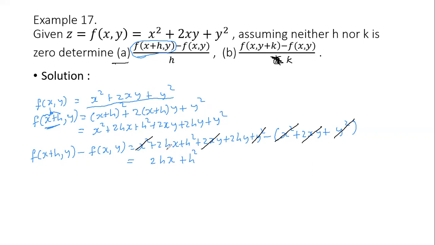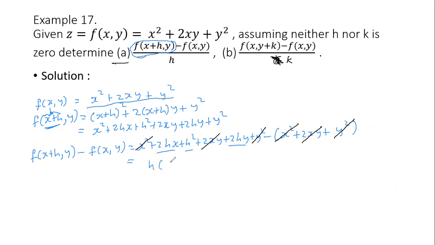Now from the rest of the terms, you see h is common. Let's take that out. What's remaining? This term h square and 2hy. In all those three terms, h is common.